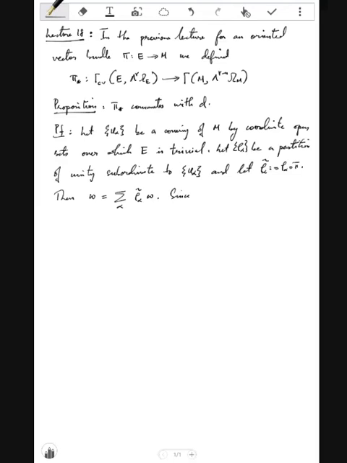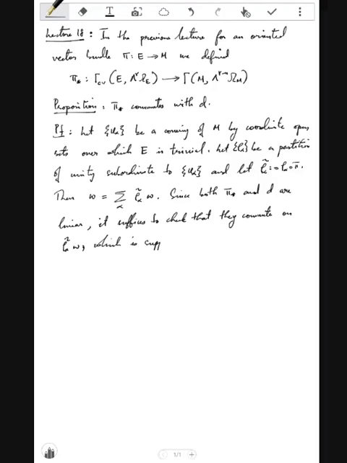Since both pi lower star and D are linear, it suffices to check that they commute on rho alpha tilde times omega, which is supported inside pi inverse U alpha, over which we have global coordinates.